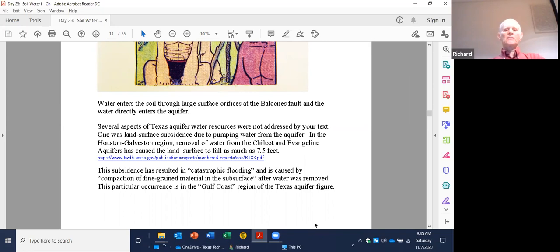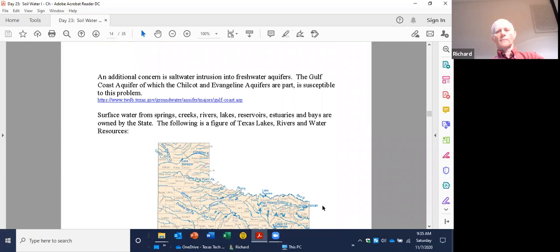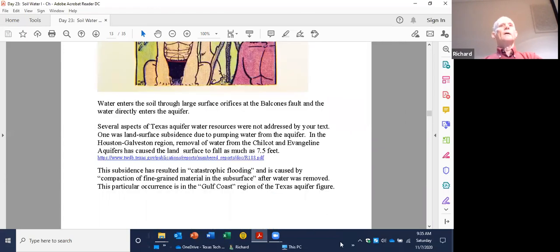This subsidence can result in catastrophic flooding in the Houston-Galveston area, and is caused by compaction of fine-grained material. If the water is removed, they get this subsidence, and the aquifers that I talked about, the Chicot and the Evangeline, are part of the Gulf Coast region Texas aquifer.